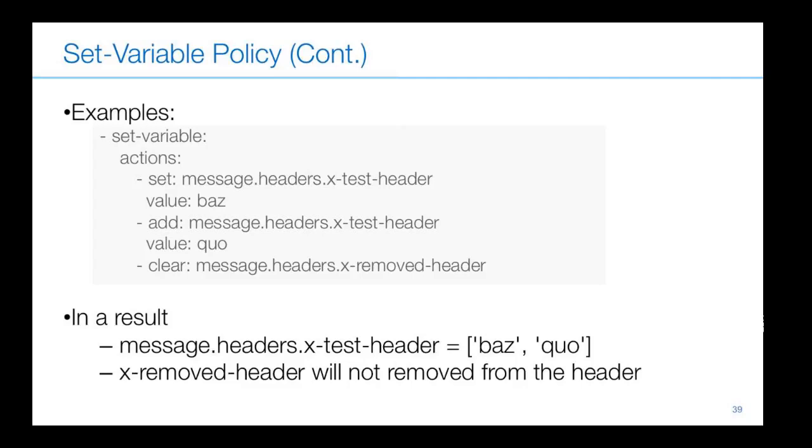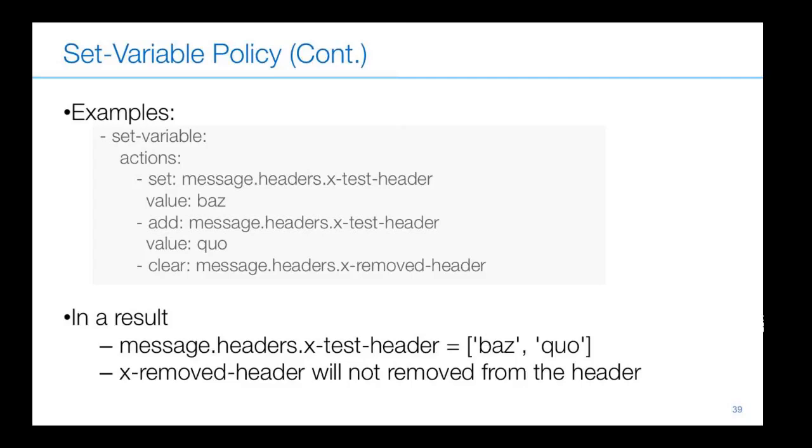I think that's it. Do you have any questions on the set variable policy? Yeah. If the variable is already an array, can you set an entire new array value? Yes. You cannot set it from the UI.